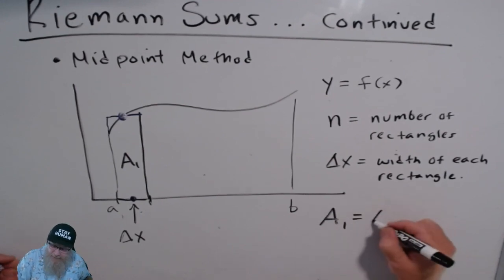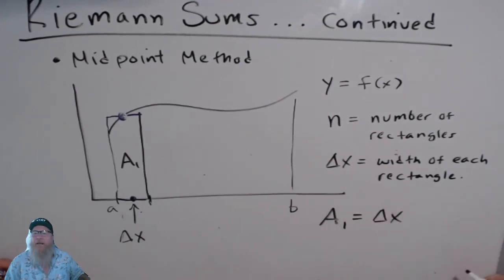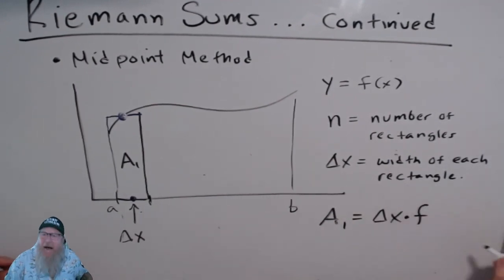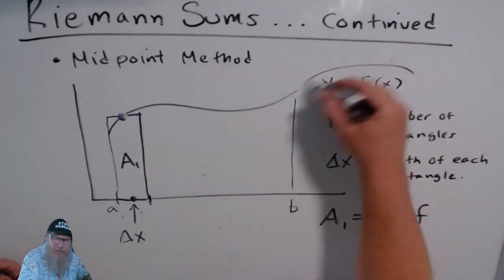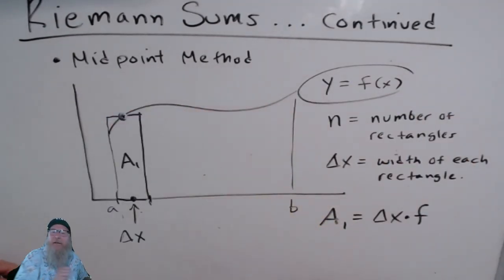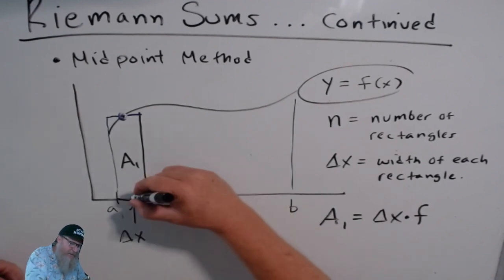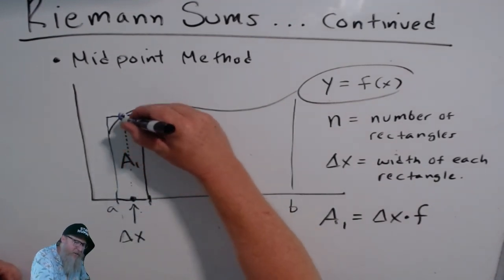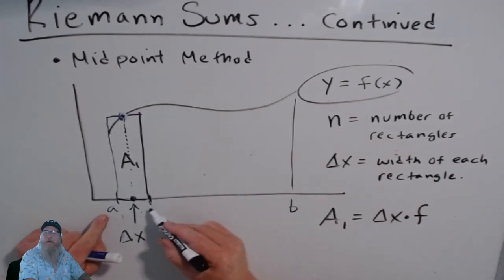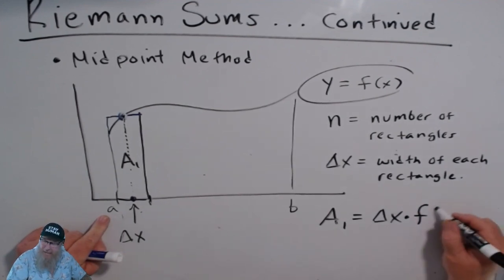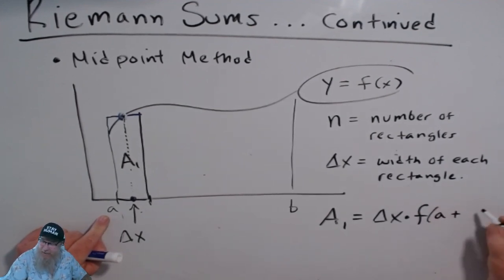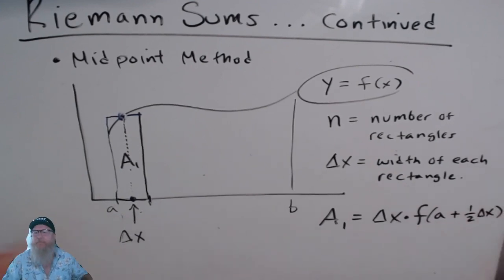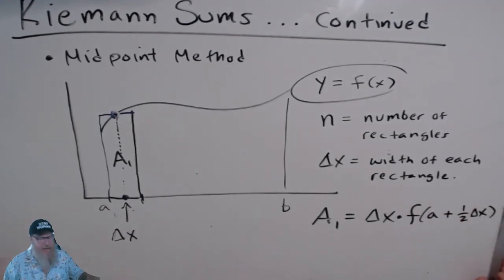A1 is delta x, the width, times f, the function value, in other words, the y value here, of the point that's exactly in the middle of this interval, which will be A plus 1/2 of delta x. That would be your area for A1.